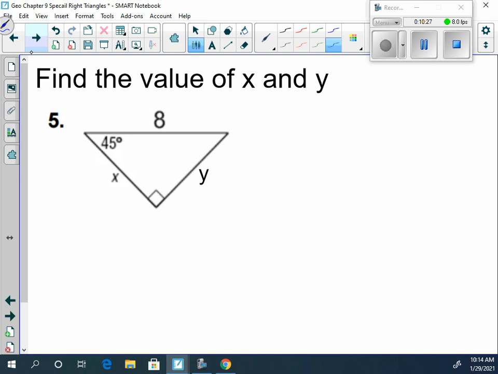Okay, so what do we do here? We need to do 8 divided by the square root of 2 because that would give us the 2 other sides.